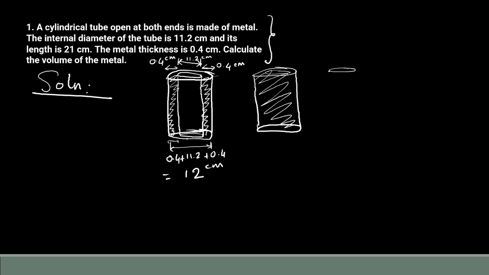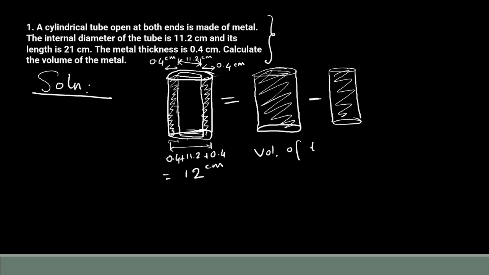So let me draw the internal cylinder, and we will find this cylinder, and then when we subtract this we get this part which is shaded here, which is the volume of the metal.